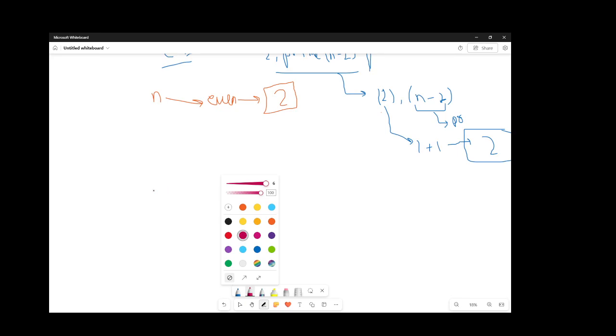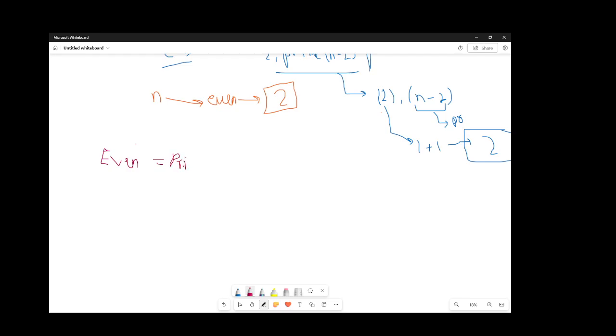From childhood, we know one property, that every even number could be split into 2 primes, prime 1 and P2. So for this the answer would be 1, and for this the answer would be 1. When we add these two, the answer would come out as 2.